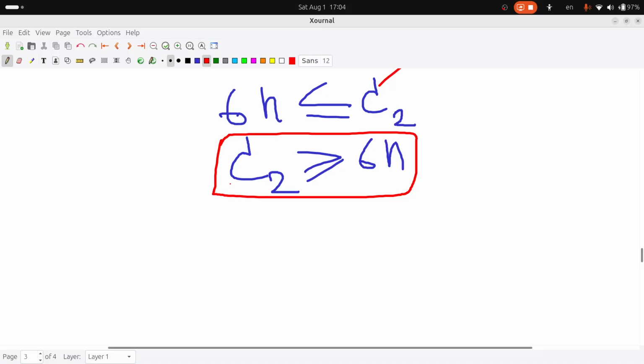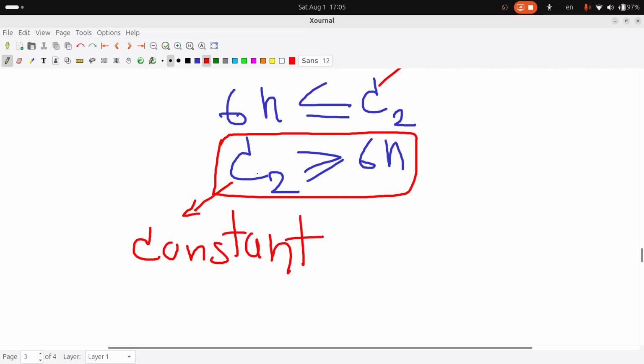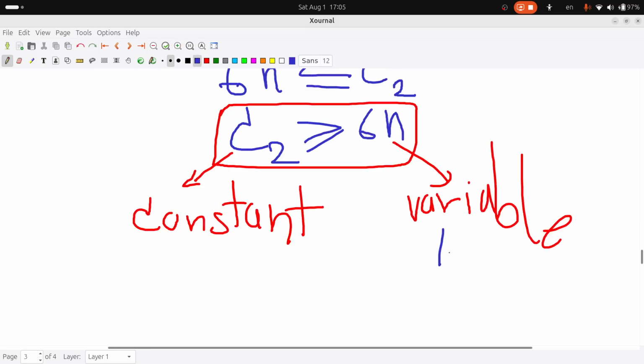Actually, this inequality is impossible, and I will show you. We know that C2 is a constant, right? It must be a constant value. It's a fixed value, not a variable. What about n? The variable n can be so large. It can be arbitrarily large. What I mean is, n can be 1 million or 1 billion or 1 trillion.